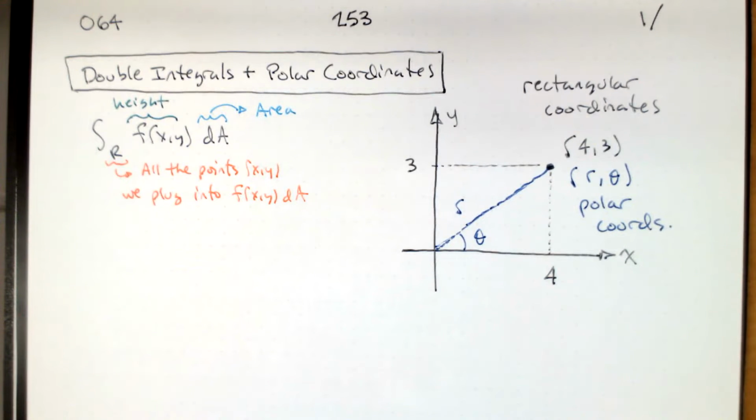This is just another way of describing locations in space. We usually start with rectangular coordinates, because that's what we're familiar with. We set up our cities and towns and little grids. And so we can identify your location with a horizontal and a vertical, a street and a number.